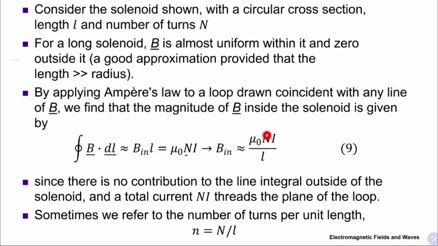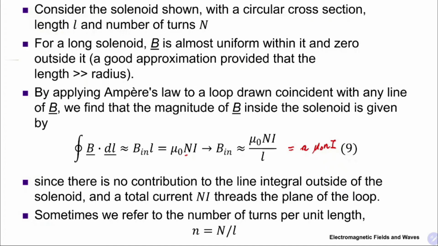If we define N over L as the number of turns per unit length with a small letter n, then we can reduce this to mu naught n times I, and that is the magnetic flux density inside a long solenoid.